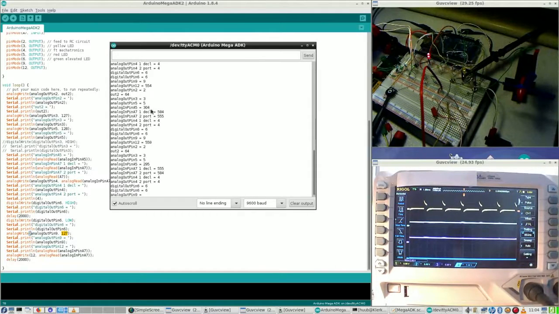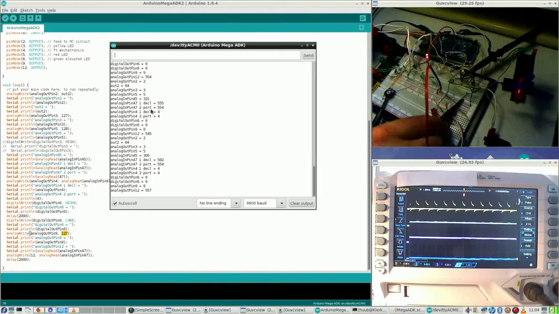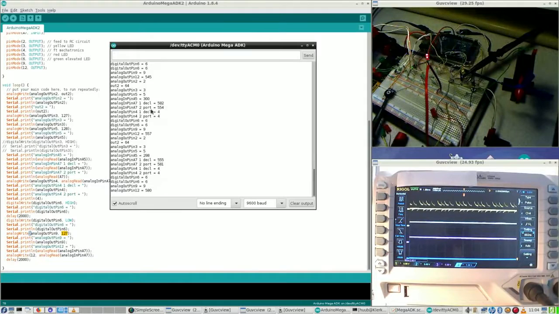Let's see, this is pulse width modulation, channel, let's put it to 4. And measure again. I honestly can't make a pulse width modulated signal from there.